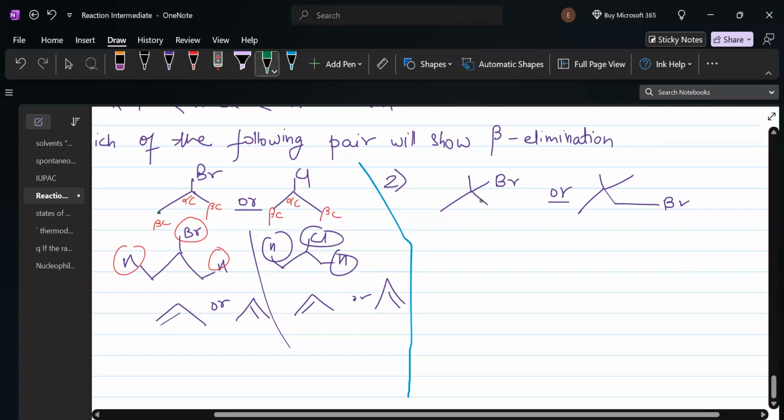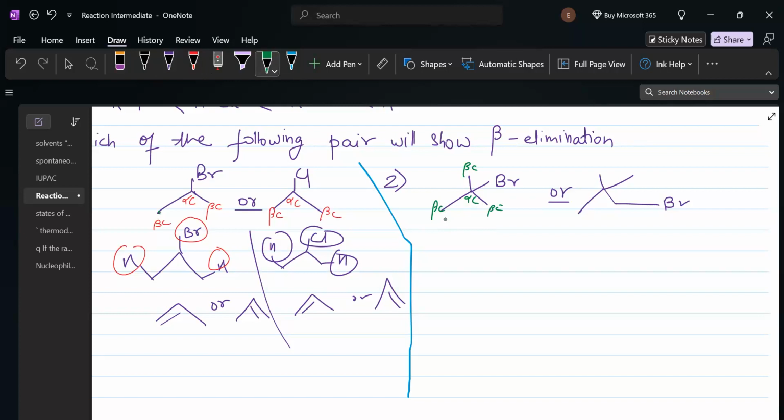Let's see. Here, this is the alpha carbon, and this is a beta carbon. This is also a beta carbon, and this is also a beta carbon. So we have three beta carbons, and every beta carbon has beta hydrogen with it.